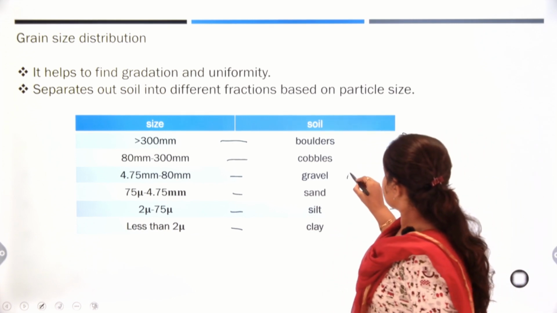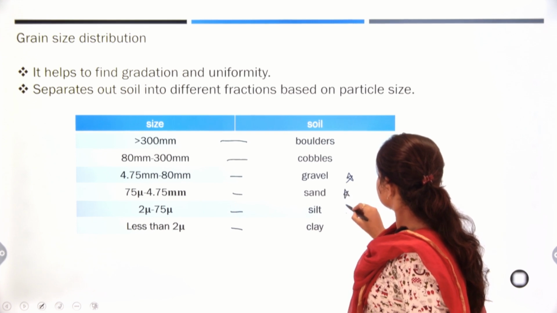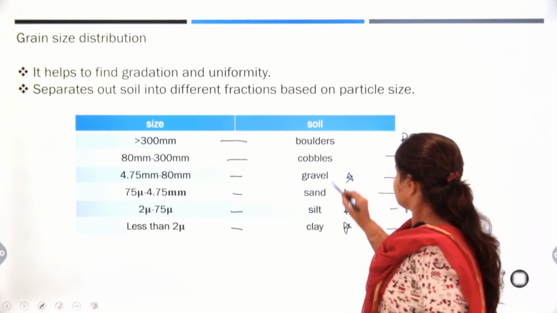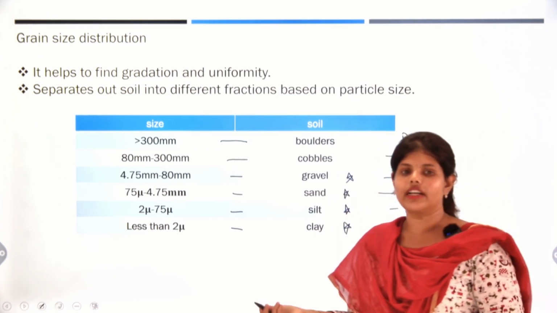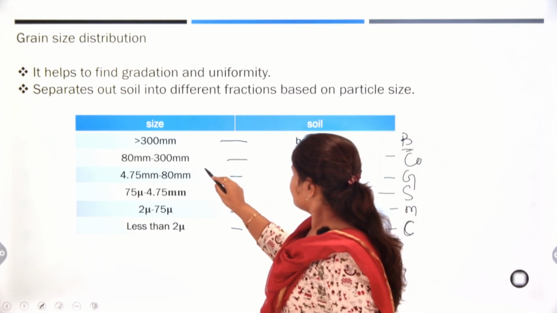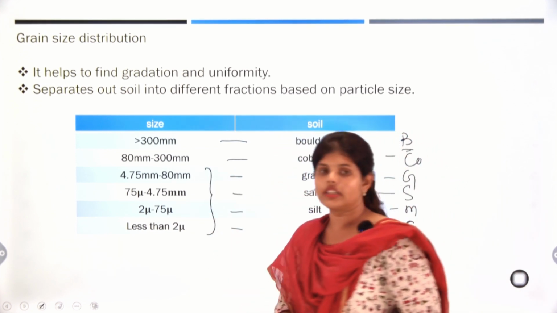These four, gravel, sand, silt and clay, are more important, and we need to remember them.